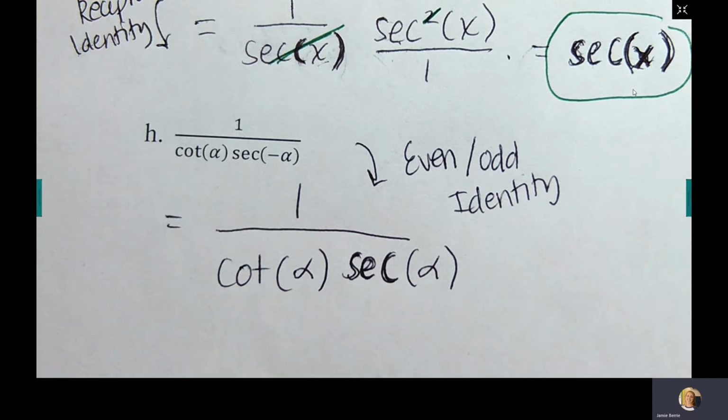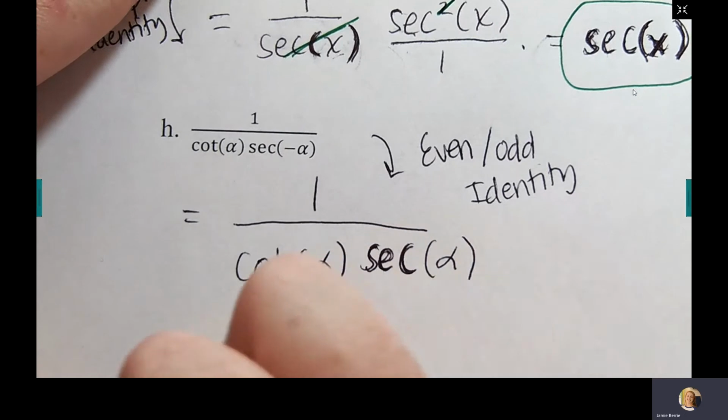Now we're thinking, how could we relate cotangent, which is cosine over sine, with secant? Yep, that's right. Cosine is 1 over secant, and you could also write secant as 1 over cosine. So we're going to rewrite cotangent.